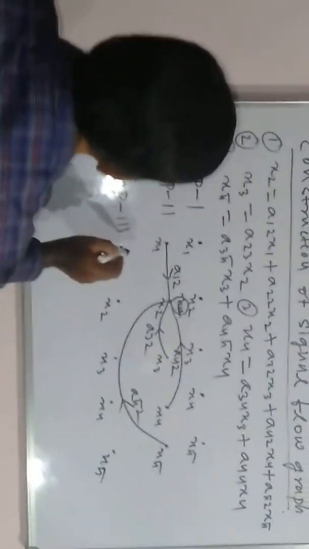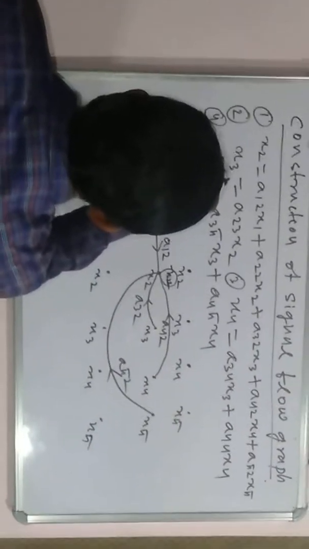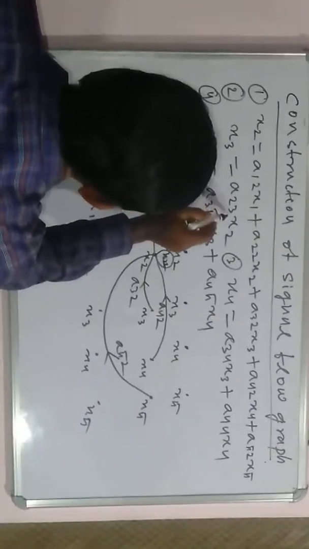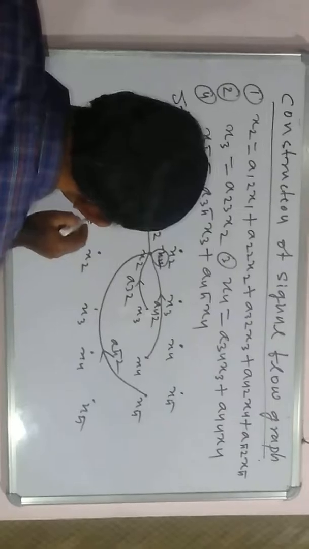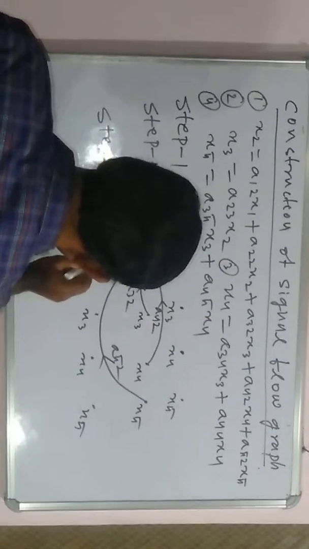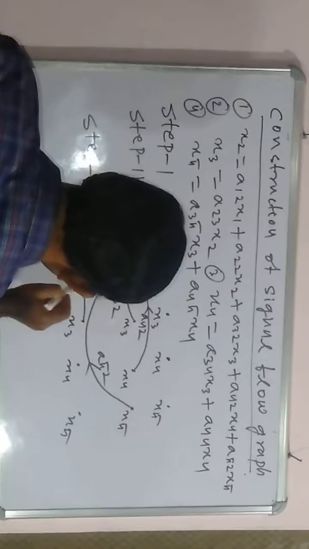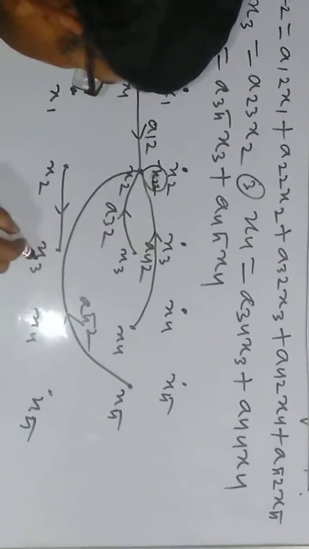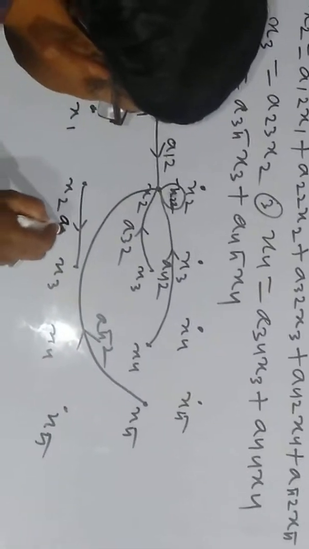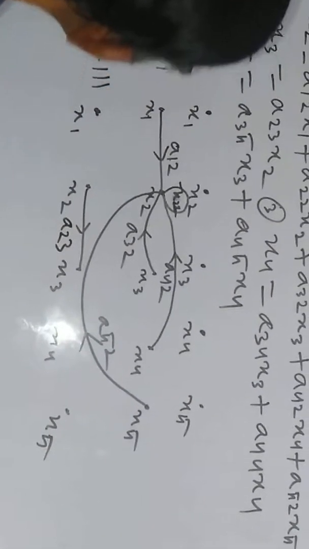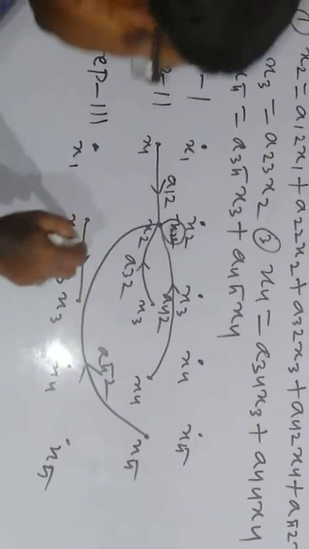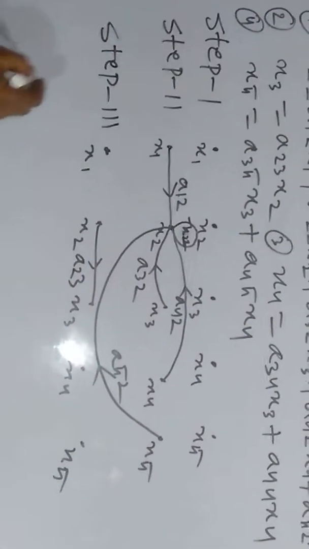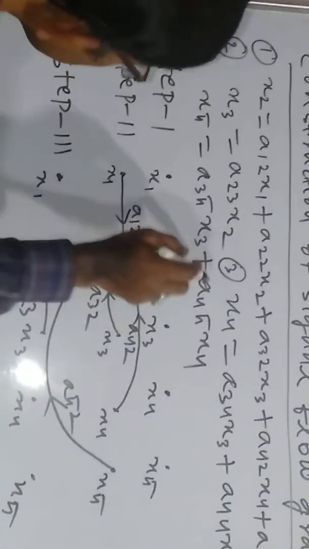The equation is x3 is equal to a23 x2. It starts from node 2 and enters node 3. Therefore this is a23. This satisfies equation number 2.